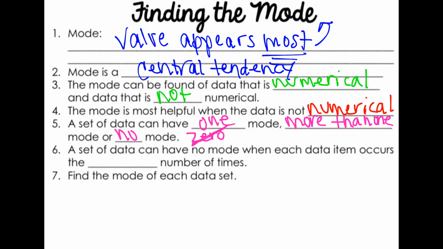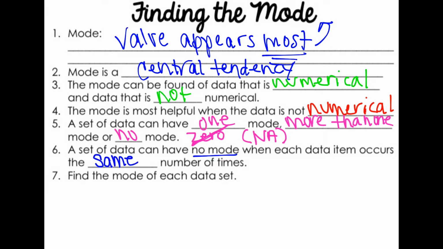You would write no mode. Another option is NA, but you would never write 0 because 0 is a number and 0 could represent a mode in a data set. A set of data can have no mode when each data item occurs the same number of times.